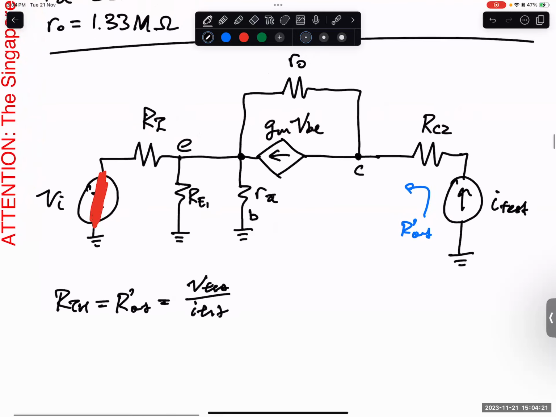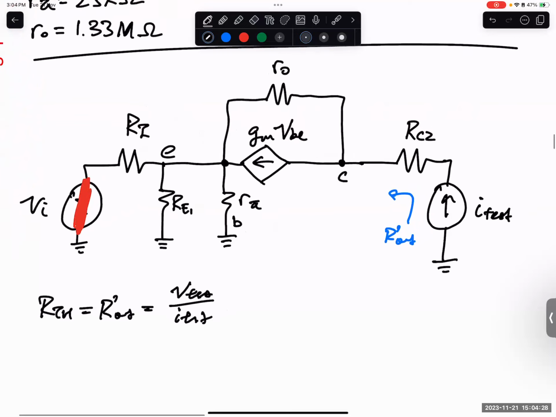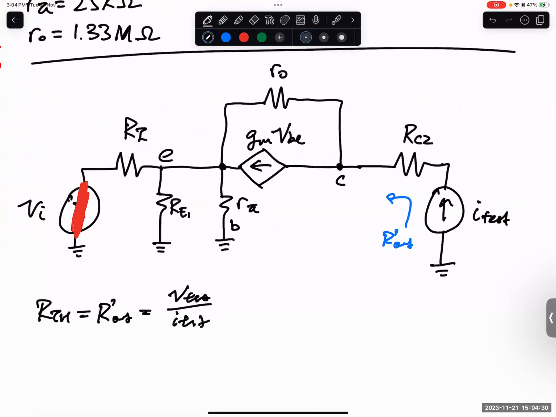Makes sense, right? So how to continue from here? GMVB plus I test. So we know what is I test, right? How do we express everything on top of V test as I test?